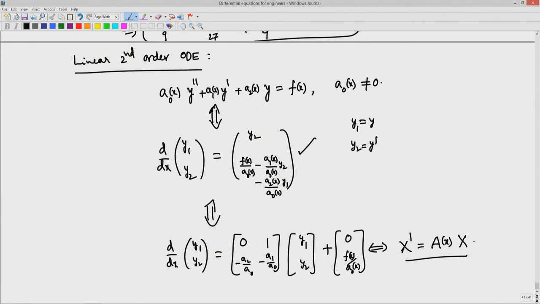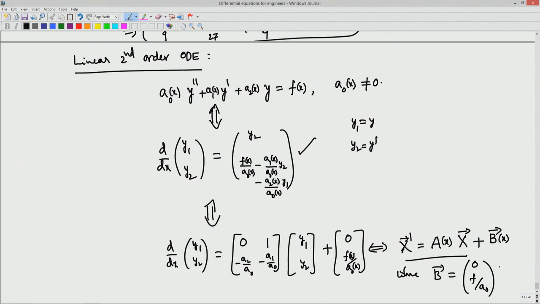The right hand side is some vector B, where B is 0 and f by a0, which is also a function of x. So this is how you can convert any second order equation into a first order system.